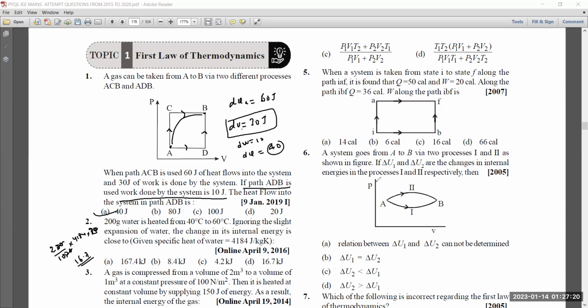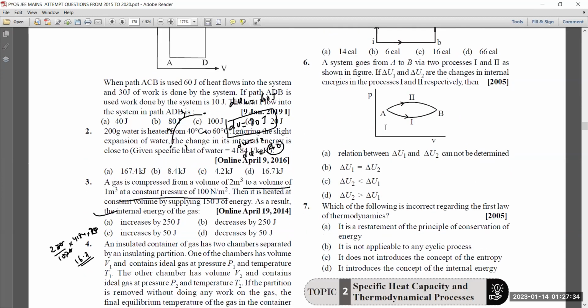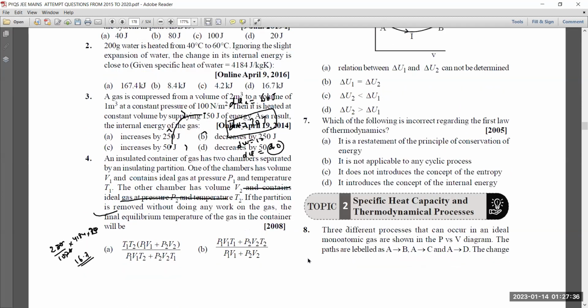So you can answer the question number 6 without solving. Option B. Thermodynamic process.